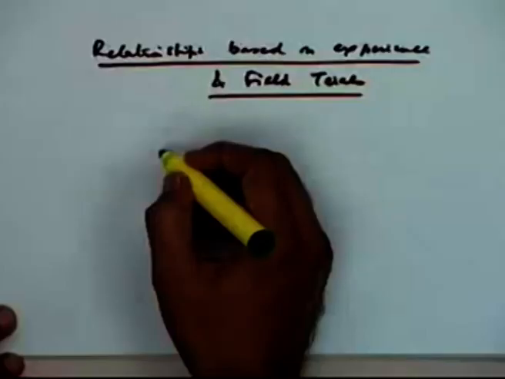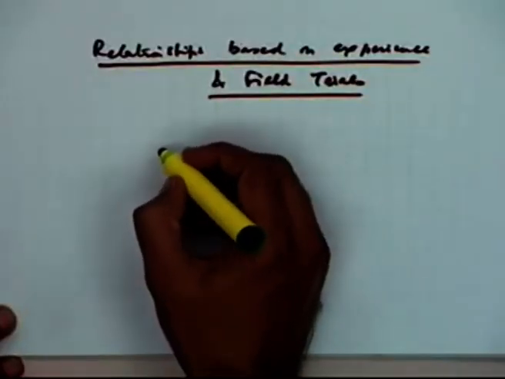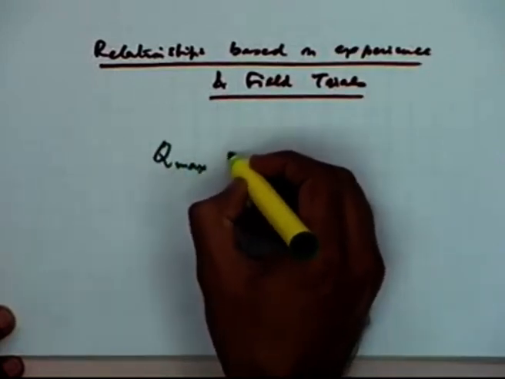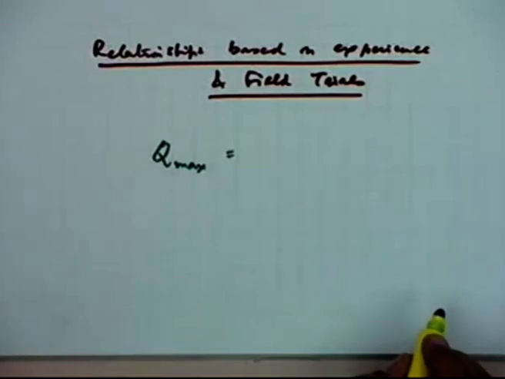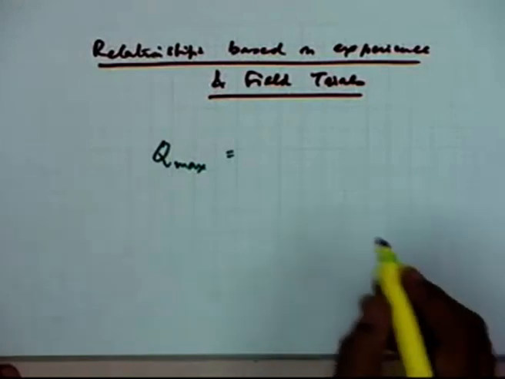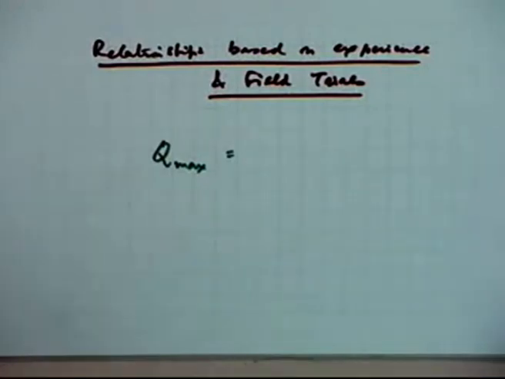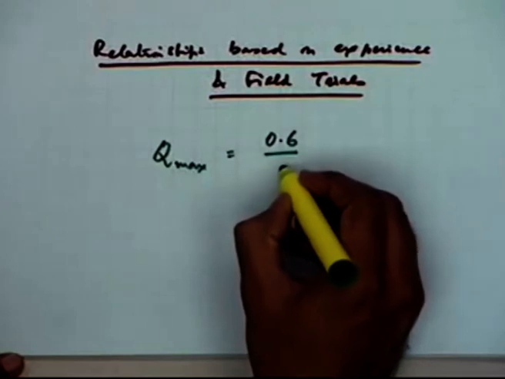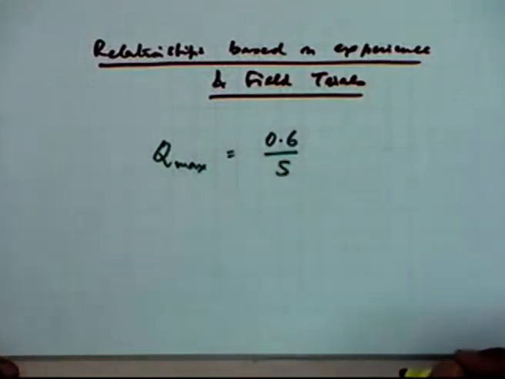For example, a relationship between the value of maximum stream size, which should be picked up for a particular condition, and it has been seen that it is basically dependent on what is the slope, what is the prevailing slope. So that parameter has been taken into account.